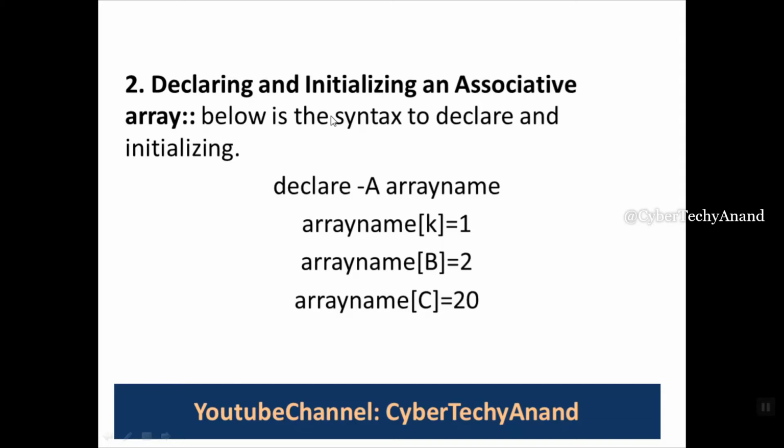In order to access any element, you need to pass the index number, whereas while accessing an associative array element, you need to pass the key. So declare -A with capital A, then the array name. You should be very careful. If you pass lowercase a, it would be a numerical indexed array, and if you pass uppercase A, then it becomes an associative array. The first command is going to declare an associative array.